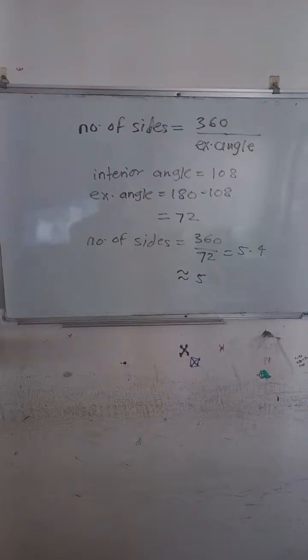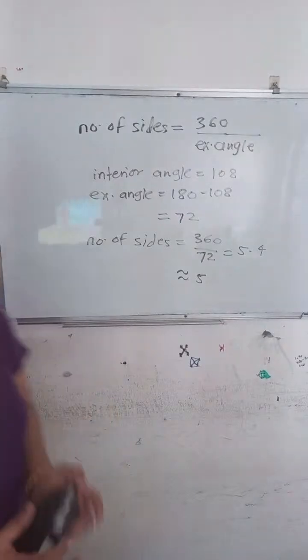Okay. So how do we find the diagonals? What is the formula we have to find the number of diagonals? Write down that formula. This kind of question is very important.